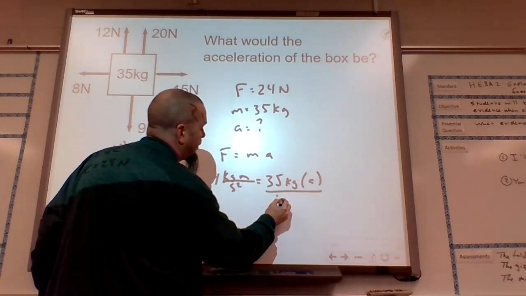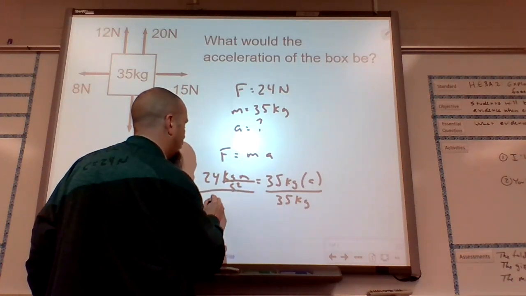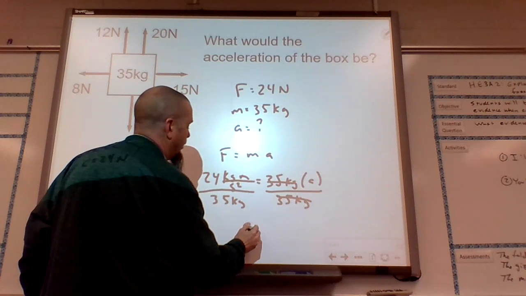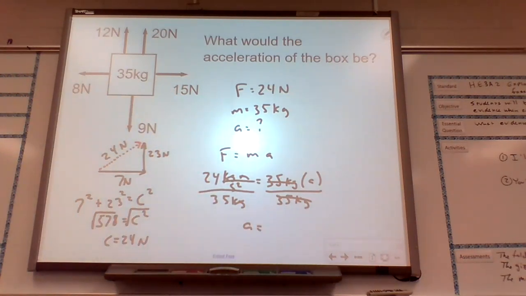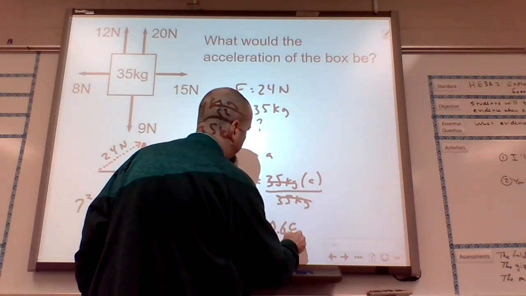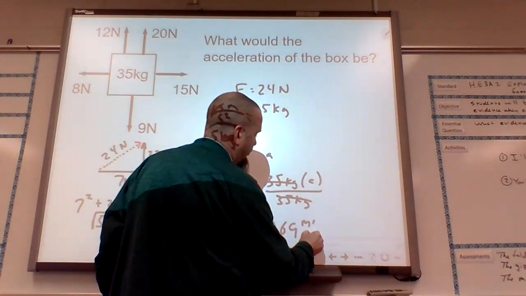Divide both sides by 35 kilograms. Third verse, same as the first. A over here, kilograms cancel over here. 24 divided by 35 is 0.685. So we'll call that 0.69. Kilograms cancel. All we've got is meters per second squared.